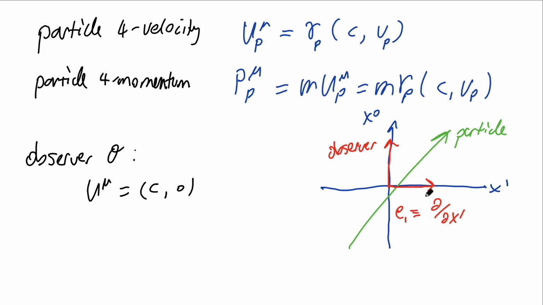So this is the basis vector pointing in the x1 direction, and of course the vector pointing in the x0 direction is just the forward velocity of this observer. So in addition to the forward velocity, the observer also can make use of this basis vector that has components (0, 1) to define the space-like directions.